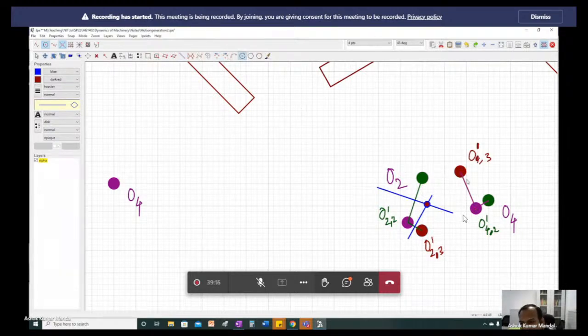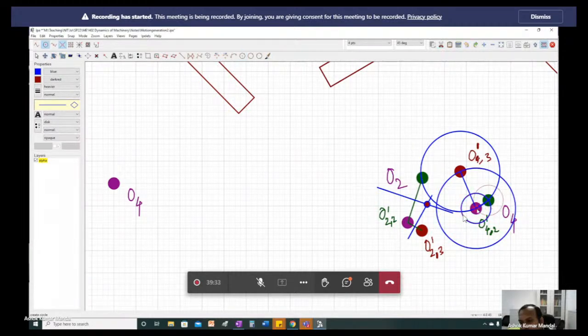Now we draw the perpendicular bisectors. Let us use some other color. You choose a line that gives you one perpendicular bisector, and for the other perpendicular bisector we have this line.